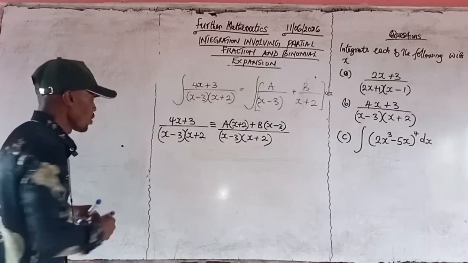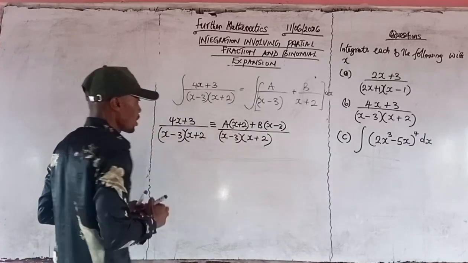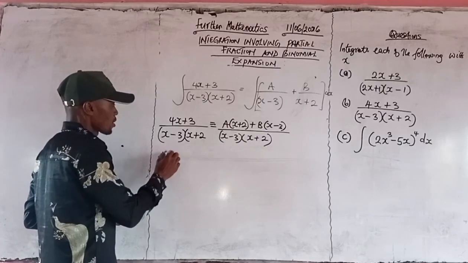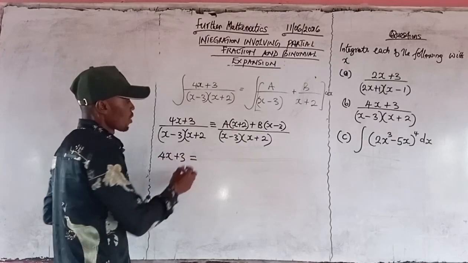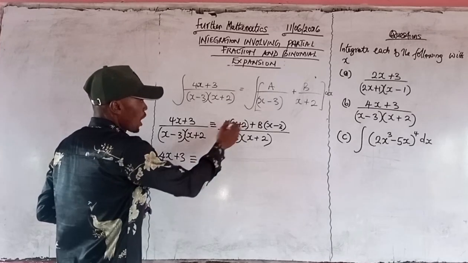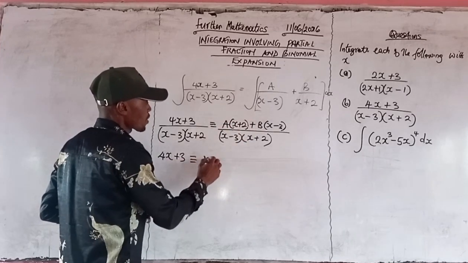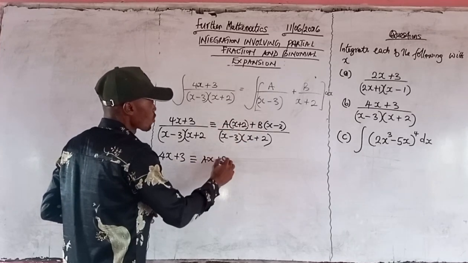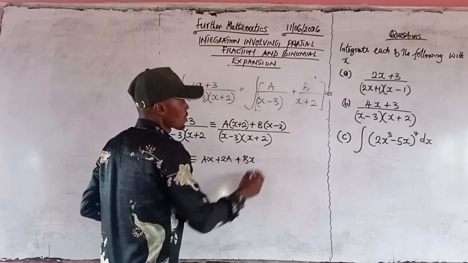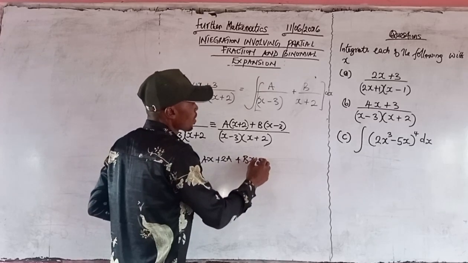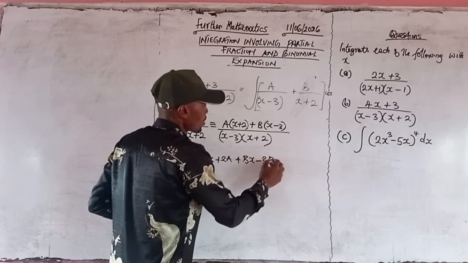Since the denominators are the same, it means that 4x plus 3 is equivalent to, I want to open this, ax plus 2a plus bx minus 3b.